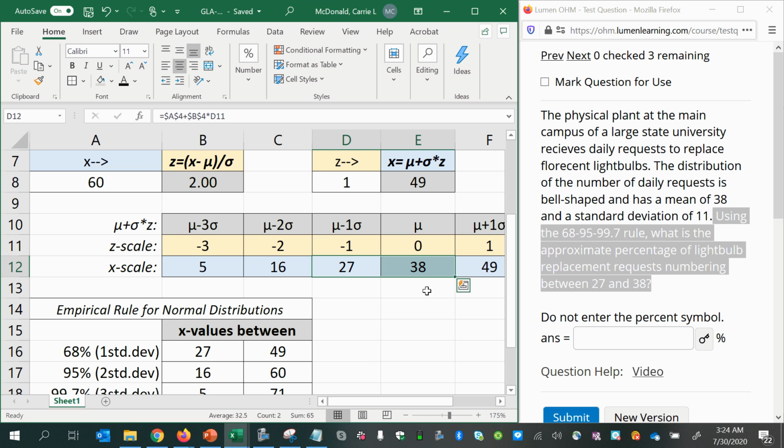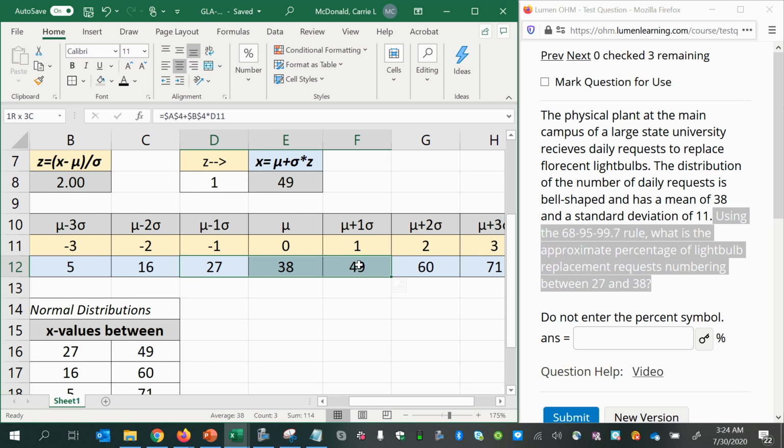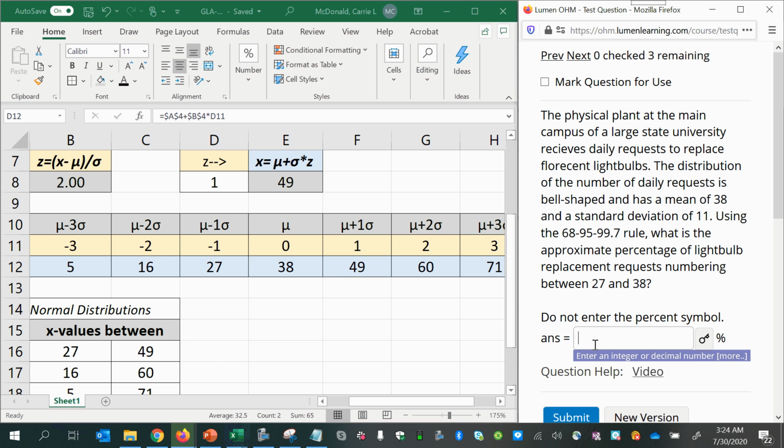But what I'm finding is that 27 is 1 standard deviation below the mean, and 38 is actually the mean, right? So normally, if you were within 1 standard deviation of the mean from below and above, we would expect 68% of the values to fall in that range. But now we're only talking about half the distance. So we're going to take the 68 and divide it in half to get 34.